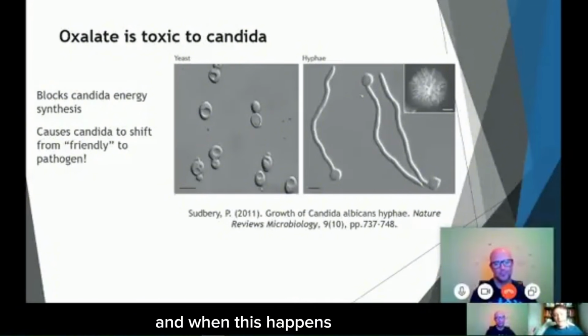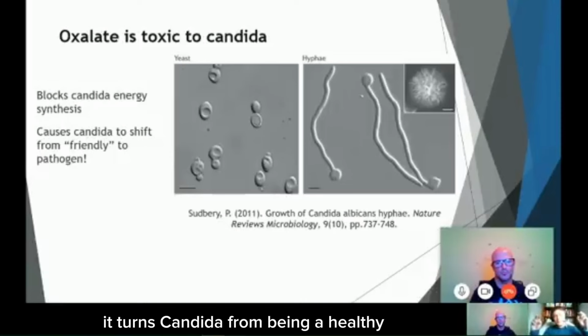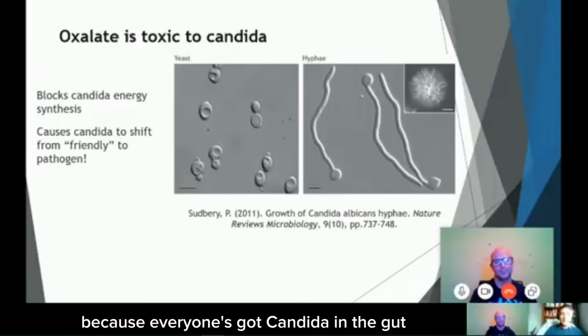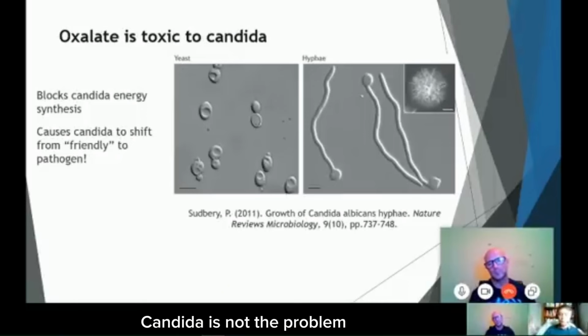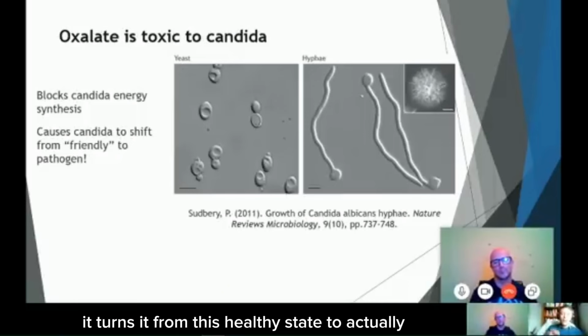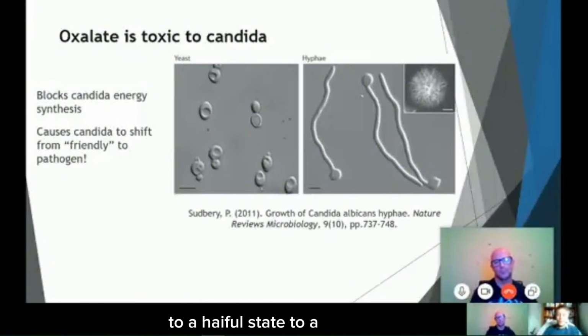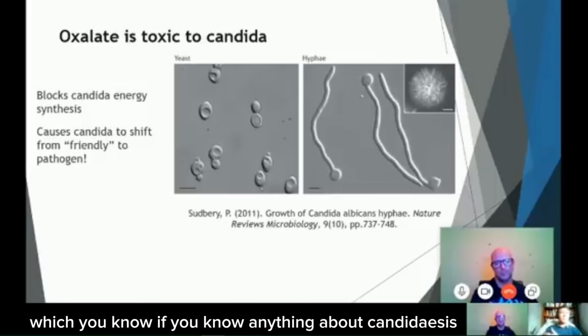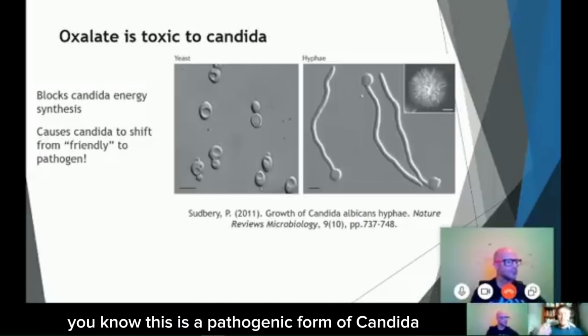Okay, and when this happens, it turns candida from being a healthy commensal yeast, because everyone's got candida in the gut, candida is not the problem, it turns it from this healthy state to a hyphal state, one that produces biofilm, one which is actually pathogenic, which, if you know anything about candidiasis, is a pathogenic form of candida.